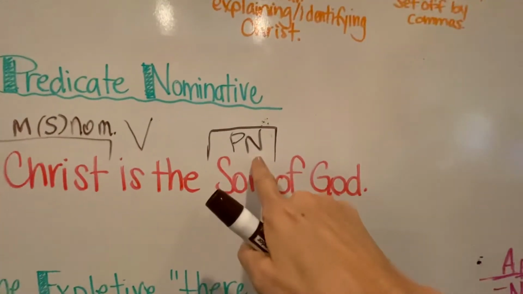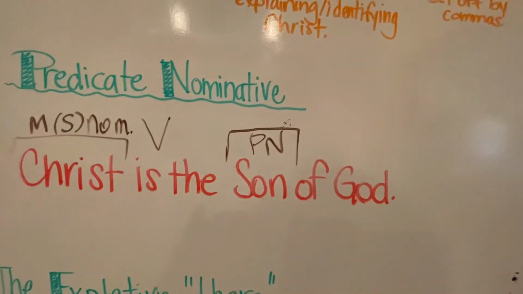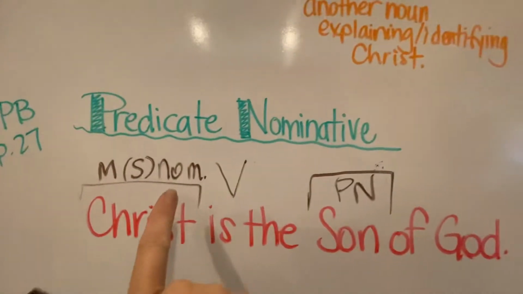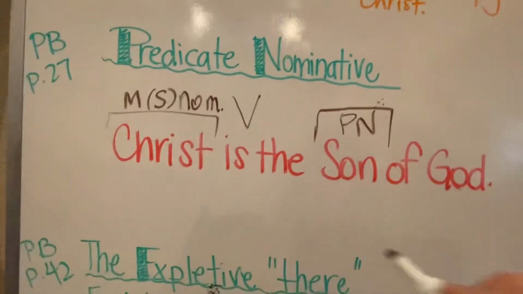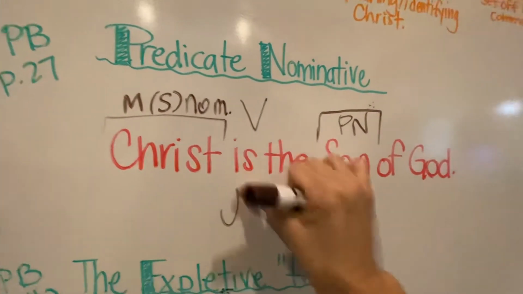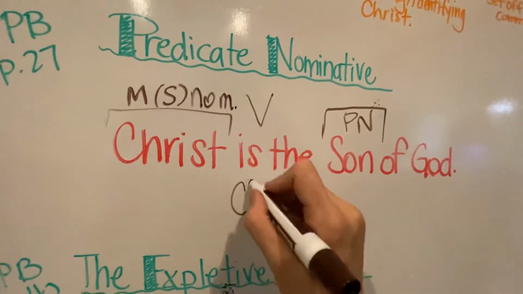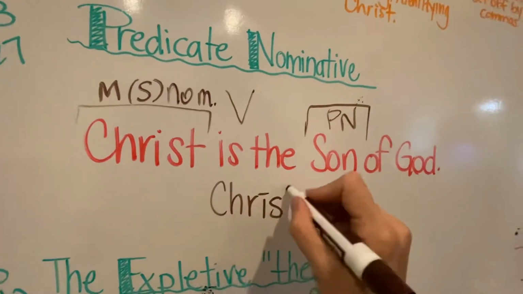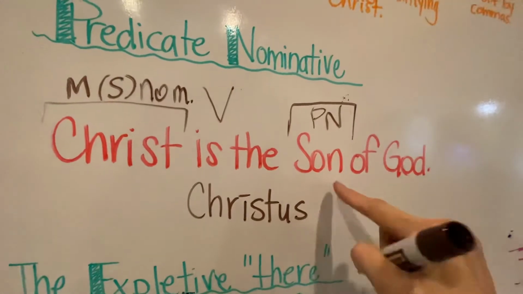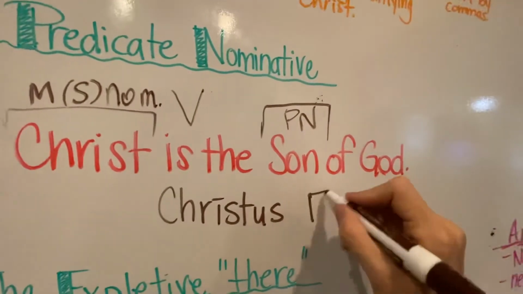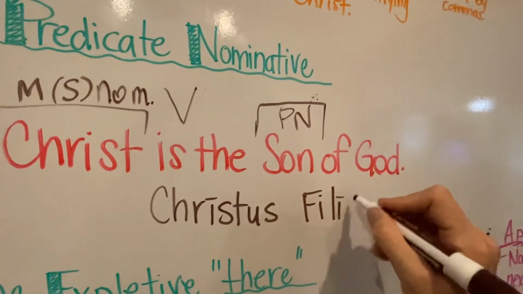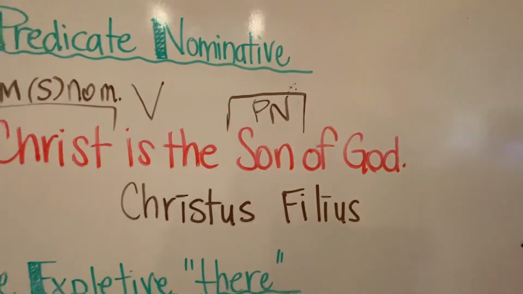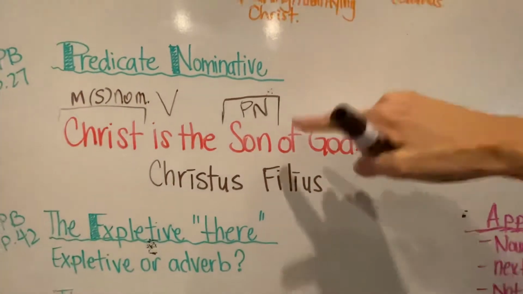So it already tells you it's a nominative, right? A predicate nominative. So we know it's going to be in a nominative to match this one. And so you would say Christus, and then you would have the filius. Okay, and so that's just how we would place it.